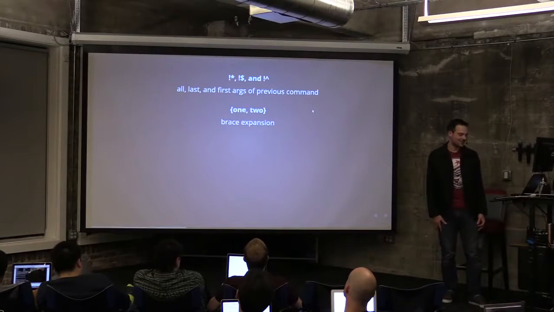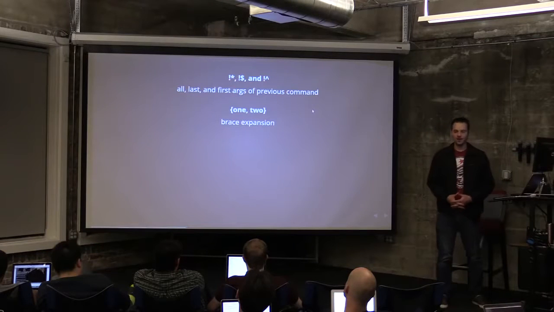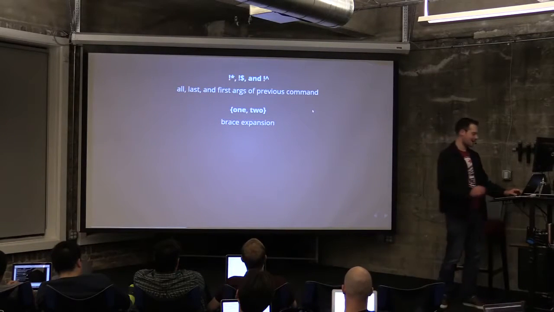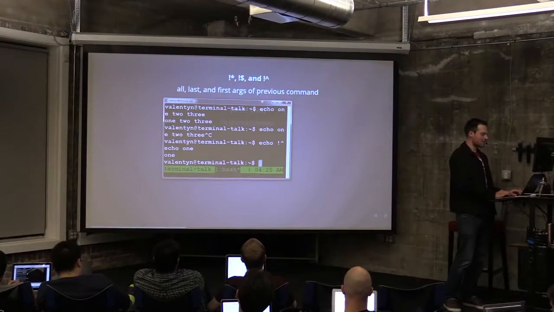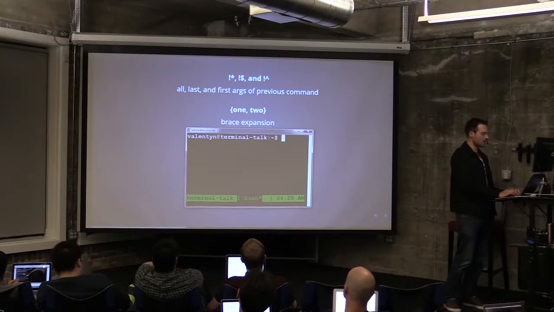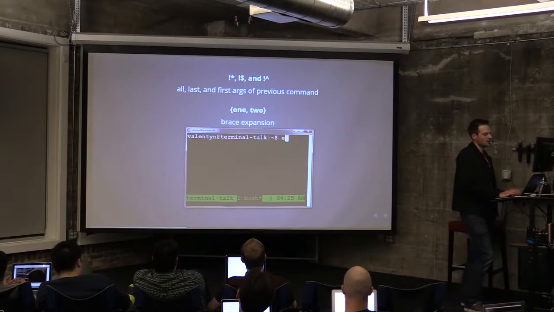Brace expansion is a really fun one. If you have some really long file name and you want to copy it to the same exact thing, but with a .bak or something for backup, you can use a bash syntax to make that a lot easier for you. The way brace expansion works is you type a number of things separated by commas within curly braces, and bash will go ahead and expand out all those possibilities for you.